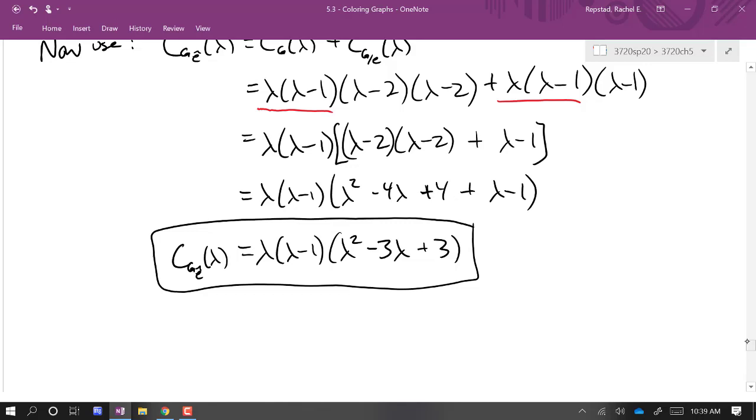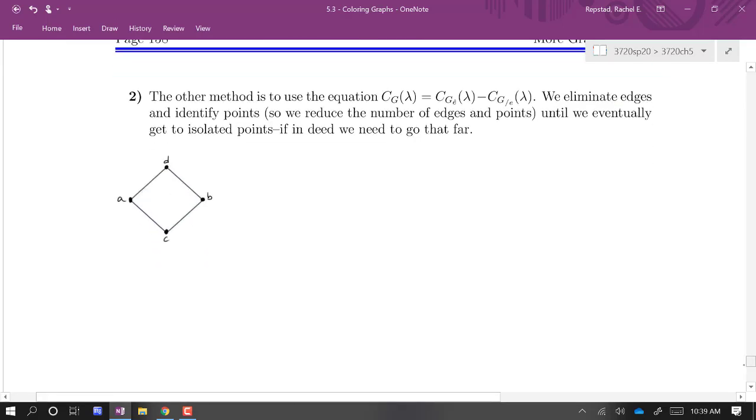So I said we're going to do this twice. Again, let's take a look at the same graph. And this time we're going to see the given graph as our graph G, and we're going to pick an edge. So I'll let E be the edge connecting A and D. And so then G sub E hat looks like this.